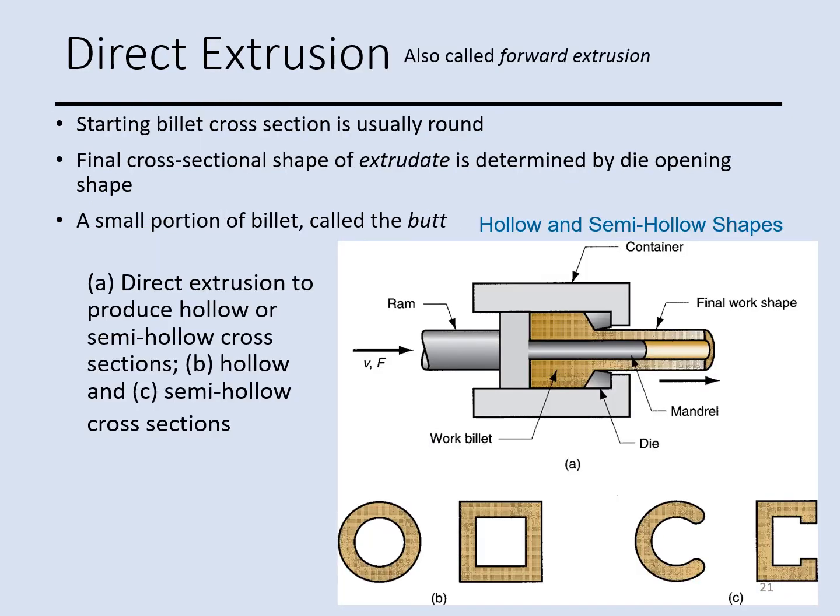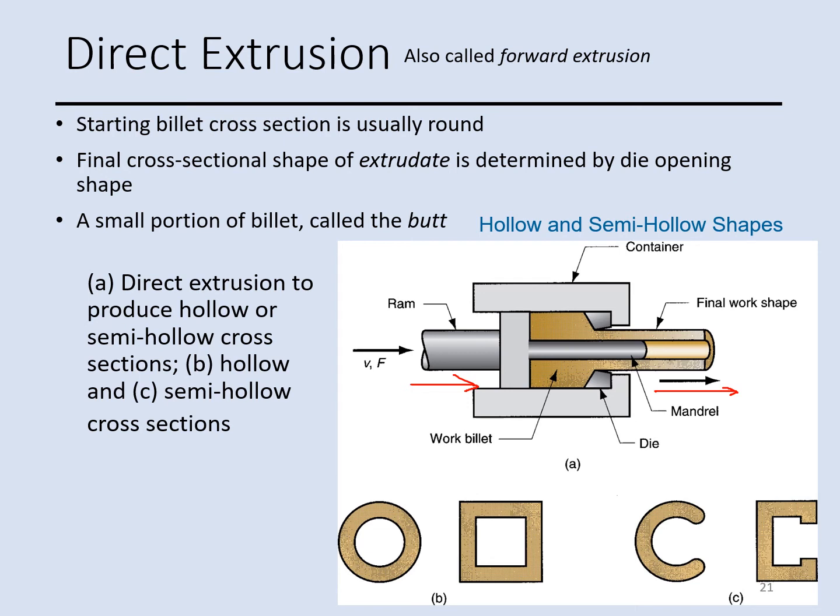In direct extrusion, also called forward extrusion, the direction of the part, as you see, is this way, and it is the same as the direction of the ram. Because they are in the same direction, it's called direct extrusion.